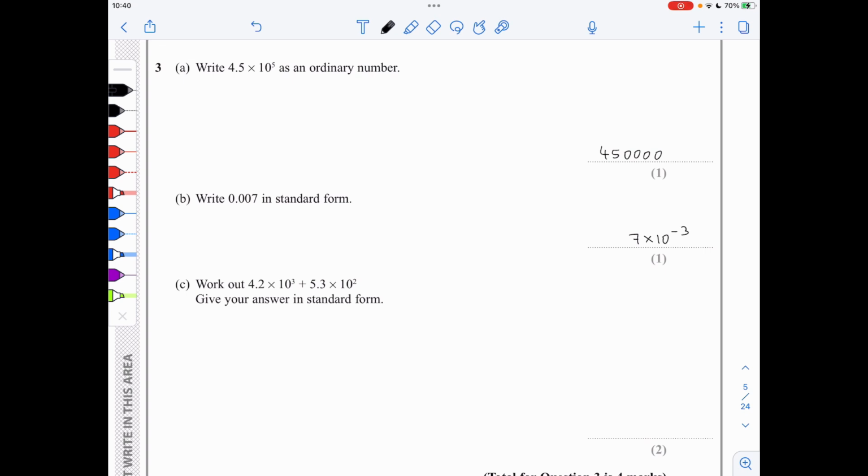And then to work out this, giving our answer in standard form, I could plug it on the calculator. 4.2 times 10 to the 3 plus 5.3 times 10 squared is equal to 4,730, which in standard form is 4.73 times 10 to the 3.